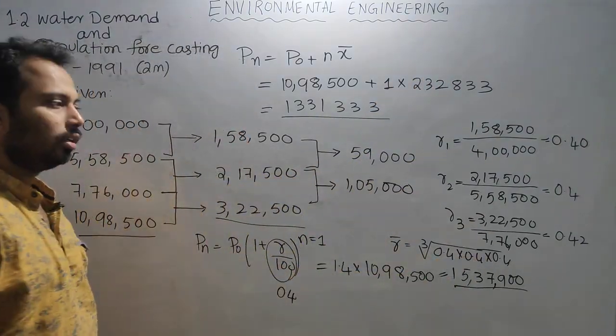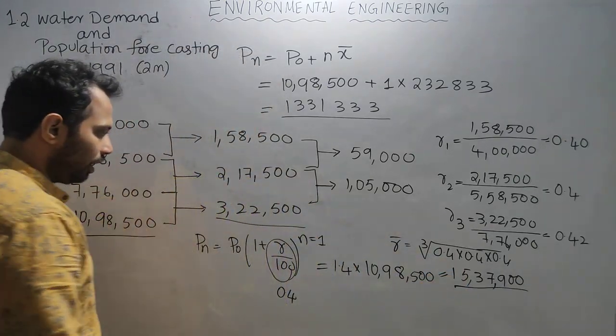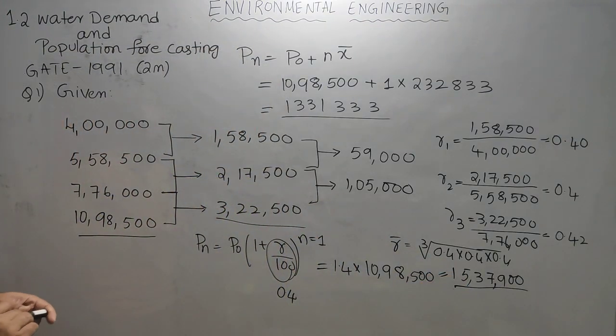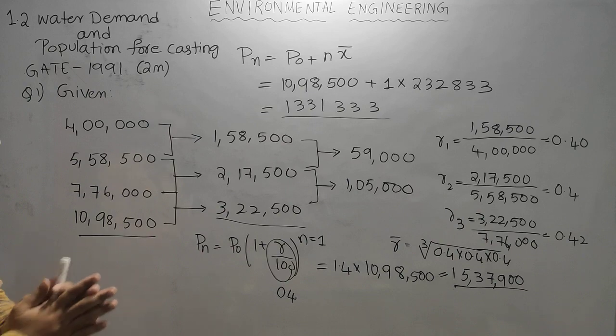So I suggest you go with the geometrical increase method, and this will be the answer. You can also do this with the incremental increase which was given in your solution, but I don't suggest that, because in this problem nothing was mentioned.